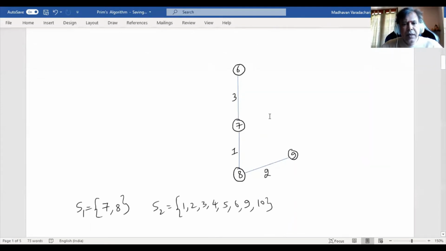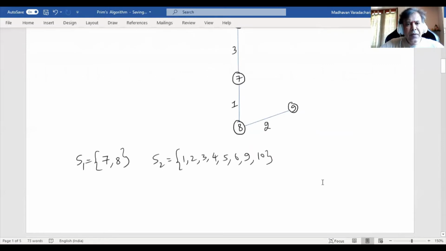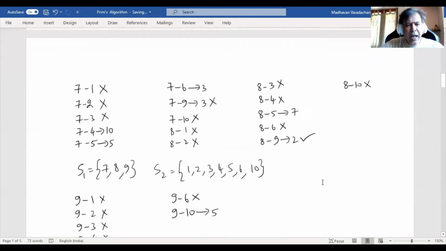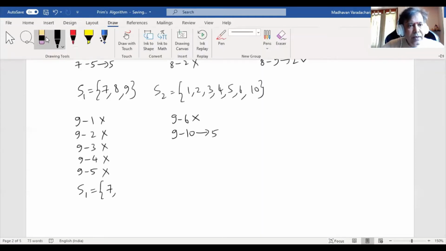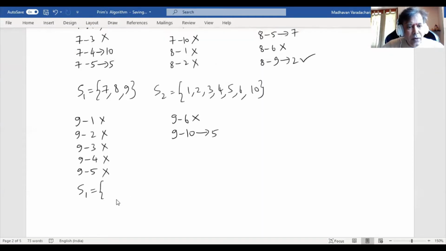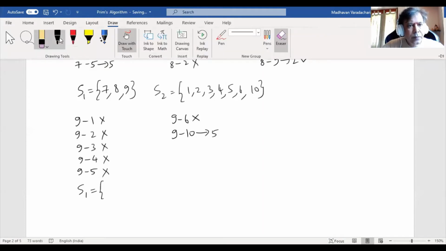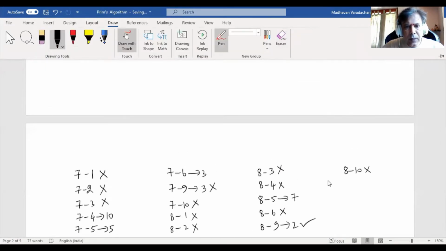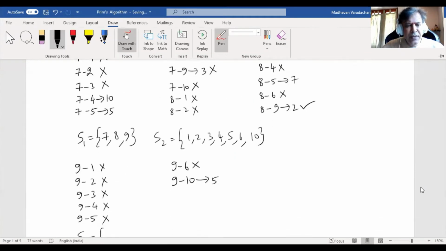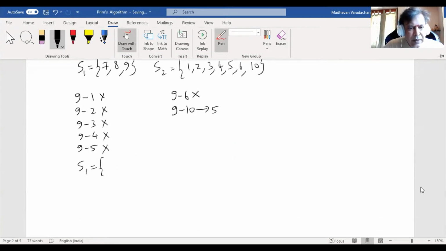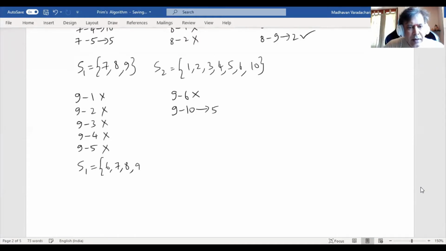So that means now when we rewrite our sets, set 1 will have 7, we added now 6, isn't it? So we will now write 6 also. We added 6, so 6, 7, 8, 9 will be written in the first set. 6, 7, 8, 9.